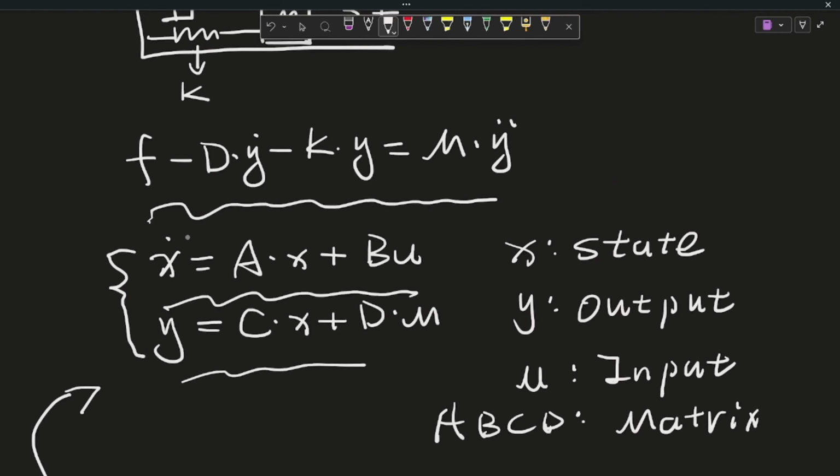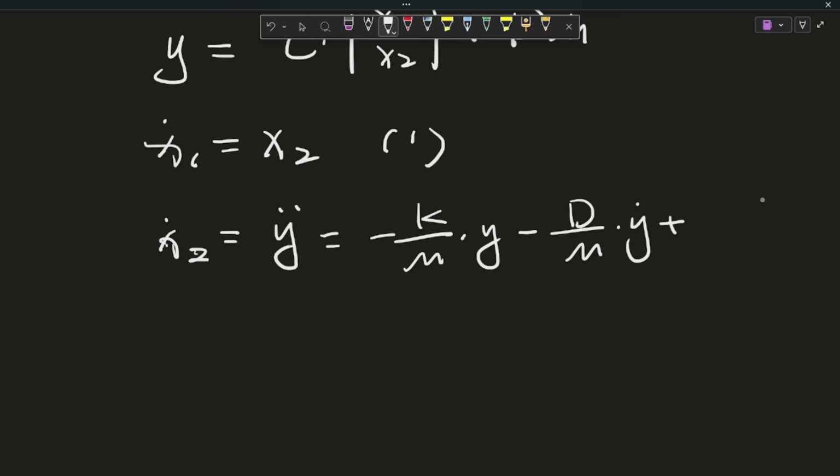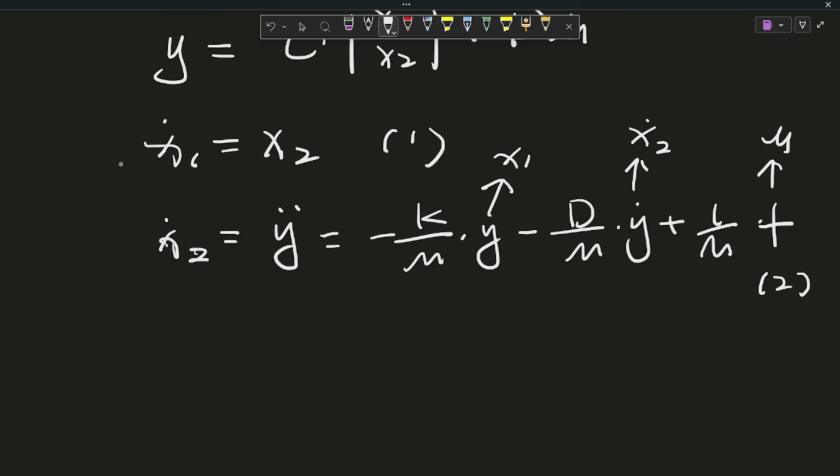By dividing both sides of the equation by m, we obtain the following expression. y double dot equals negative k over m times y minus d over m times y dot plus 1 over m times F. Now, let's substitute the variables. Here, y becomes x1, y dot becomes x2, and F becomes the input u.